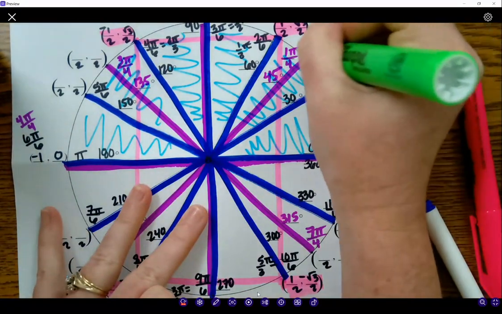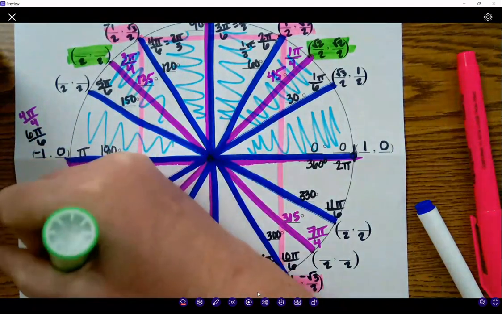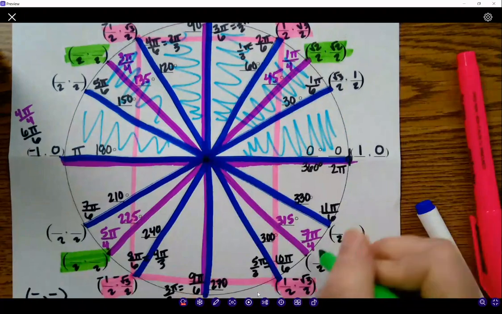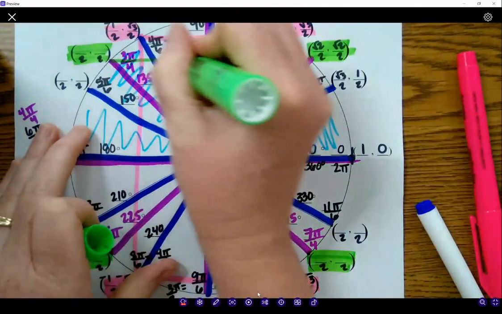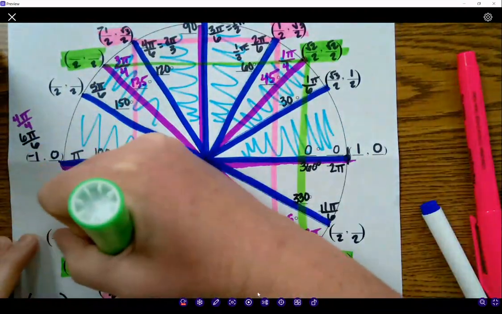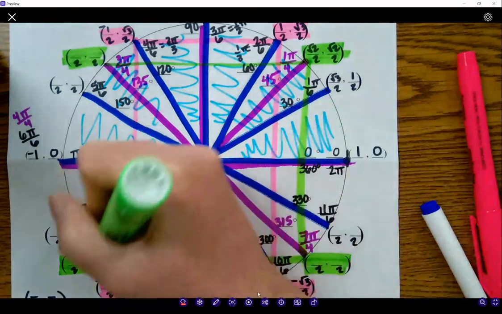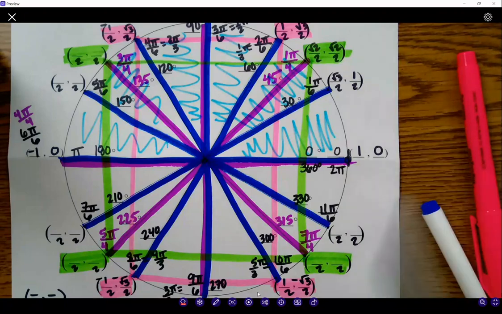So I'm going to use green next. Okay, so everything that's highlighted green is going to look exactly the same as far as the overall absolute value of the x and y coordinates.